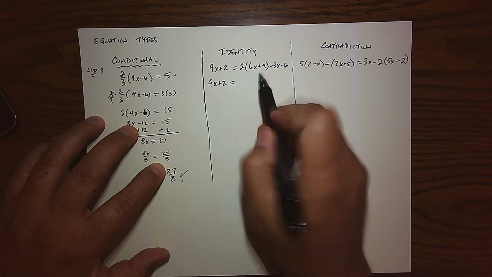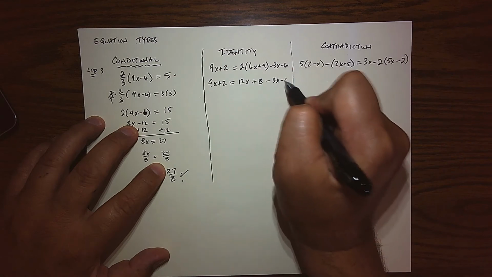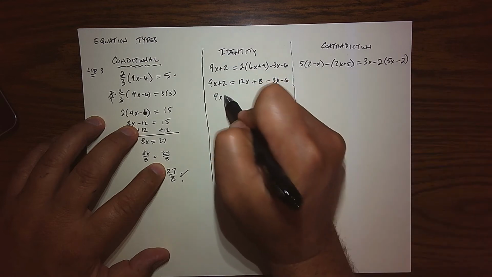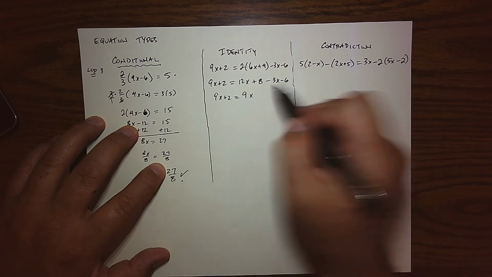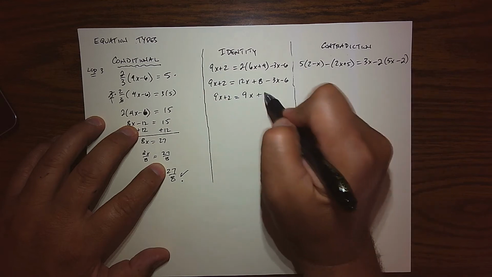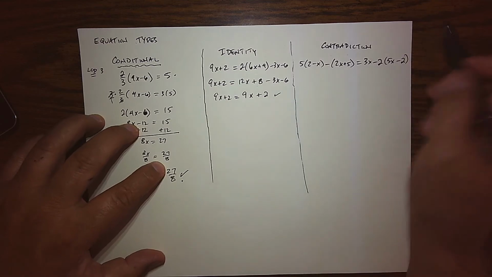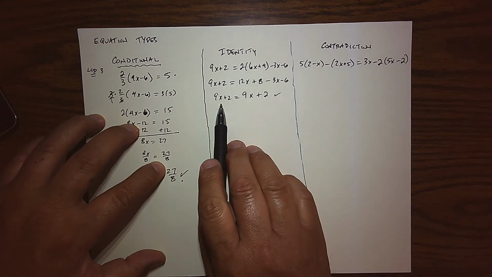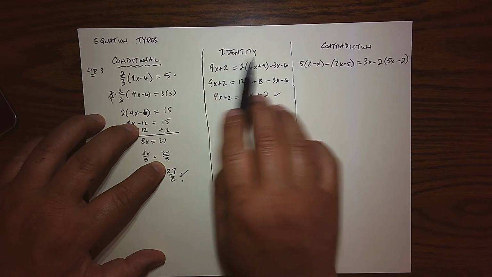But distributing, we get 12x plus 8. And then combining like terms, 12x minus 3x is 9x, and plus 8 minus 6 would give us a plus 2. You probably already see something interesting right here, because notice that one side is exactly identical to the other side, hence the phrase identity.